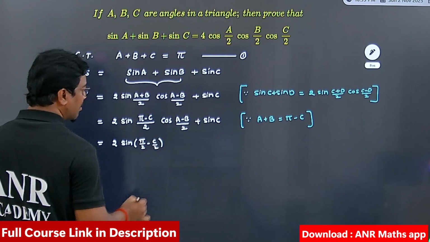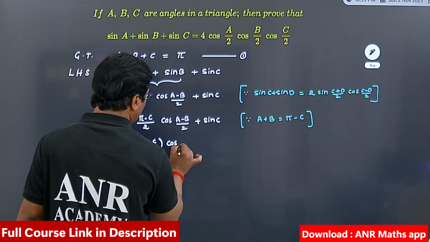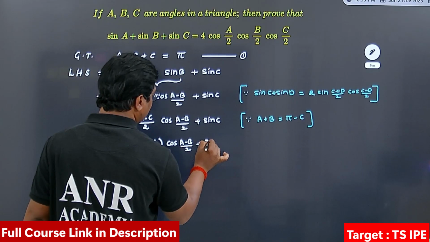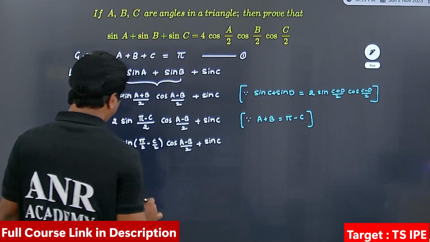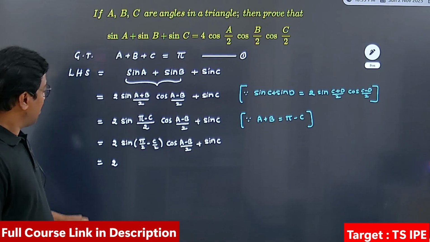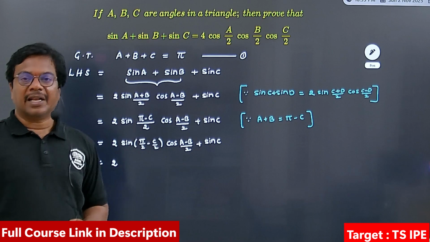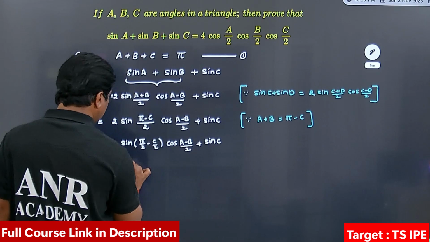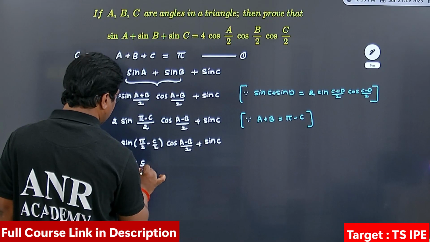Remaining cos (A minus B) divided by 2 and then sin C. Next, 2 times sin (90 minus theta) written as cos theta, so that it is cos of C by 2.